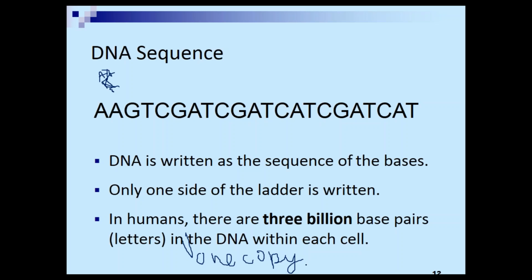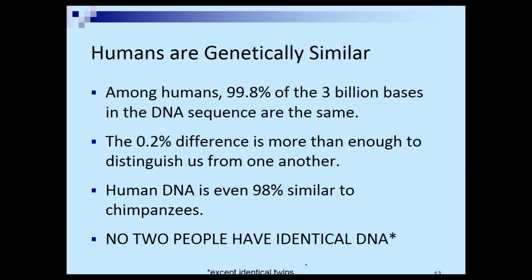I'm trying to get you to understand how many of these bases are in one copy of the DNA. You get 3 billion letters from your mother, and 3 billion letters from your father. If we're talking about human DNA, we just talk about these 3 billion letters and the order of those letters.